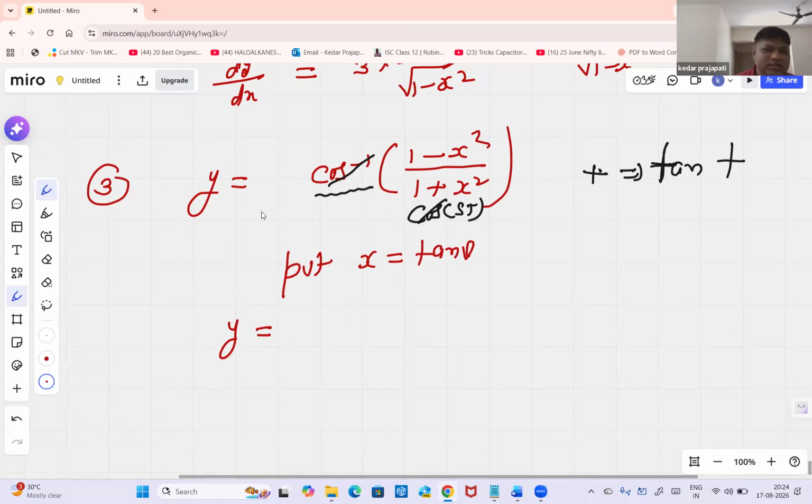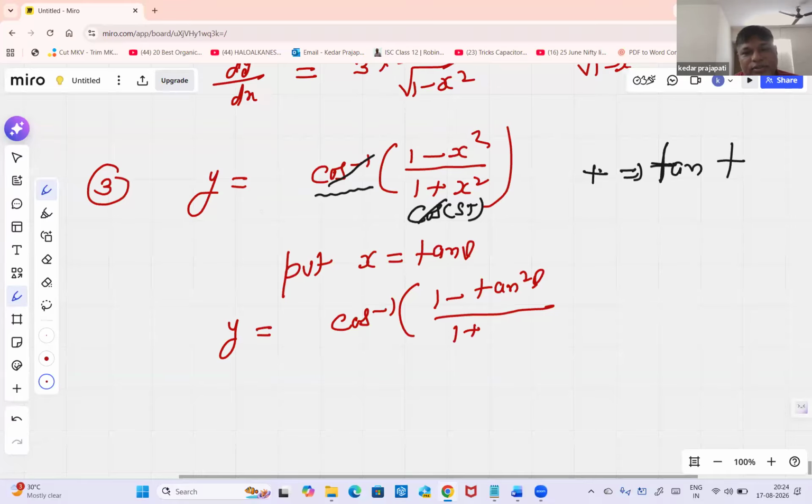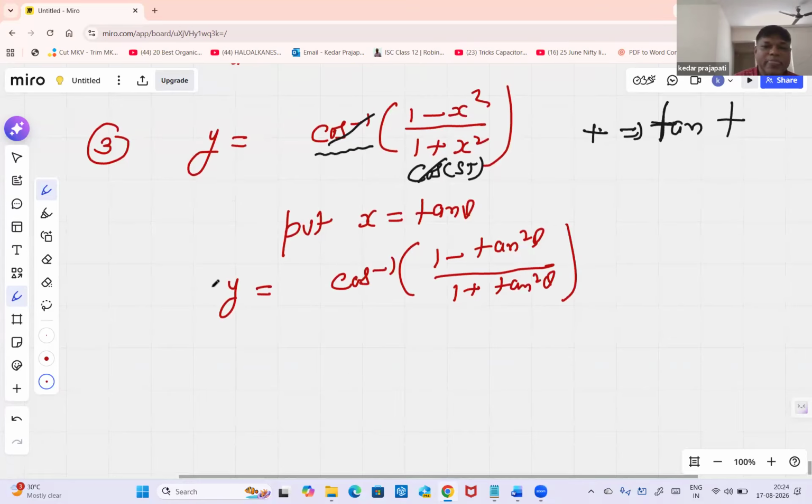So this will be cos inverse of (1 minus tan square theta) by (1 plus tan square theta). Right? What is this formula? This inside is directly cos 2 theta.